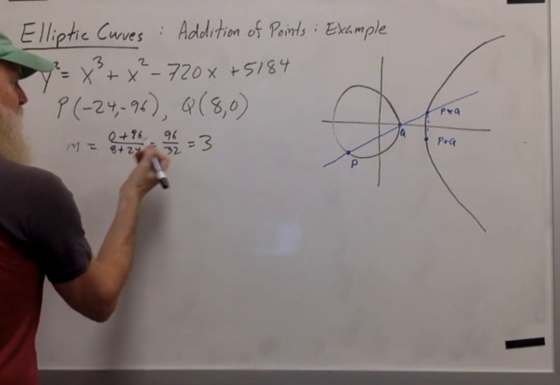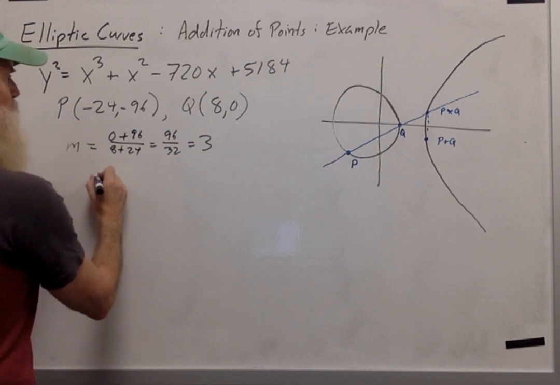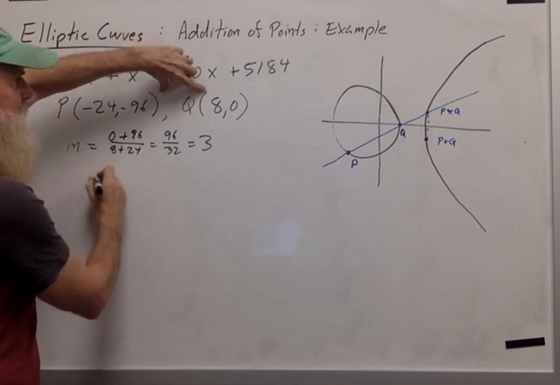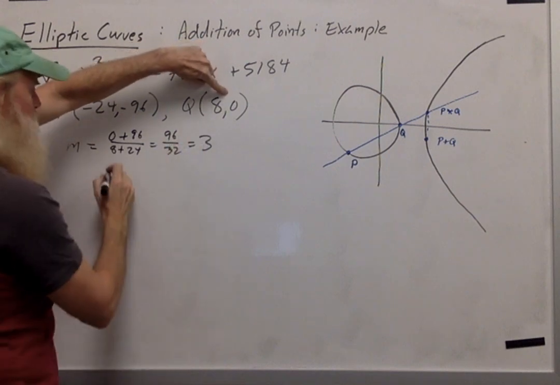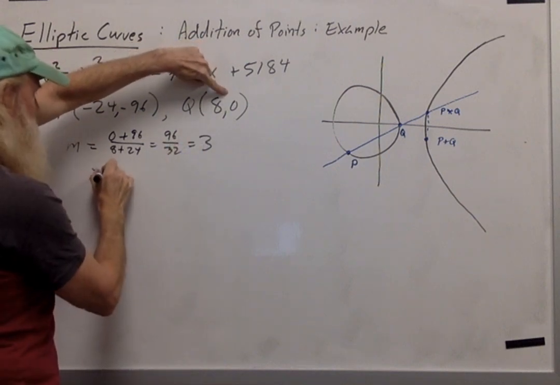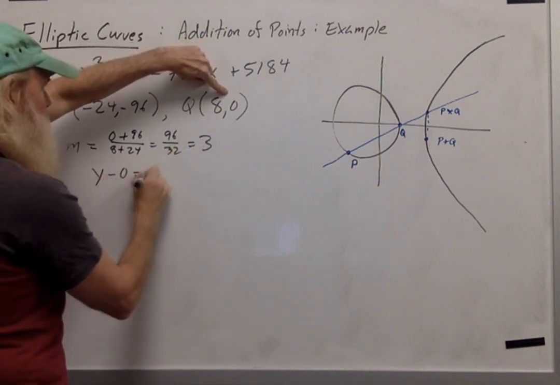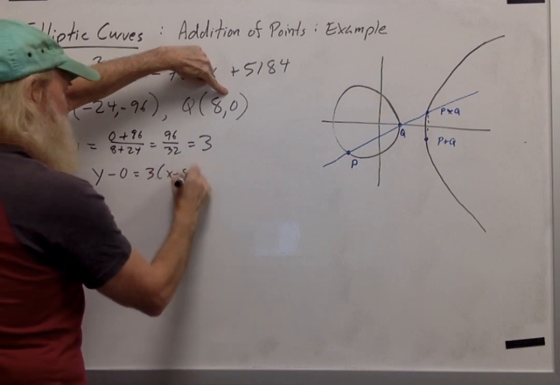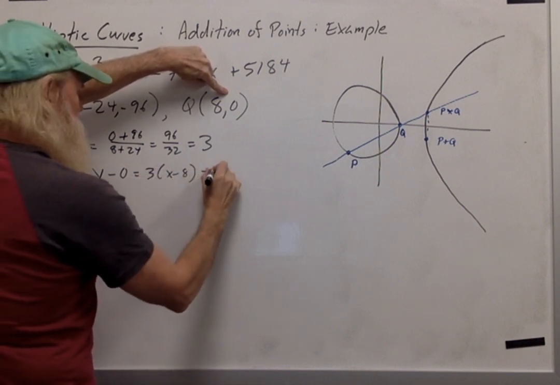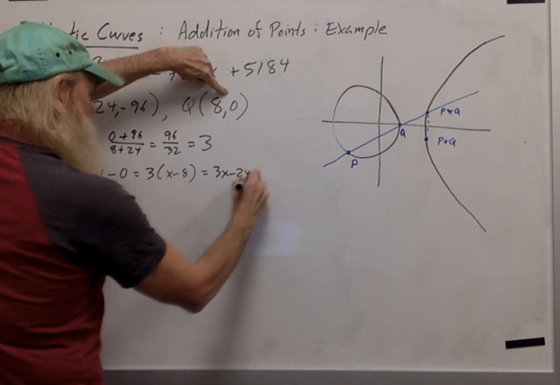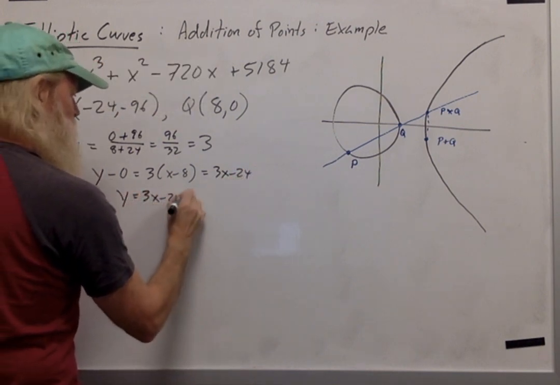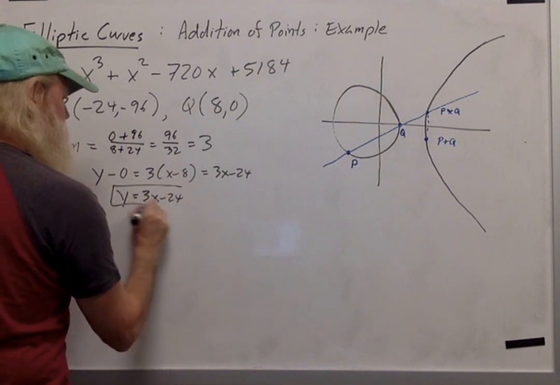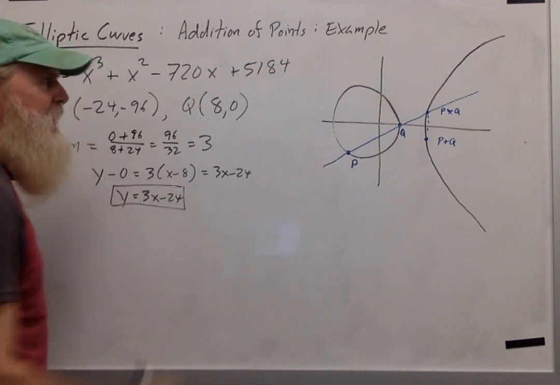And then we can find the equation for the line using the point slope formula. Now, since the line goes through both points, I can use either one of these. I'm going to use Q since it has simpler coordinates. So y minus 0 is 3 times x minus 8, which is 3x minus 24. So y equals 3x minus 24 is the equation for this line.